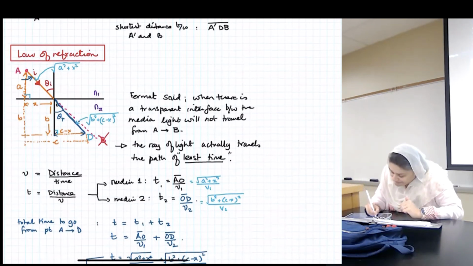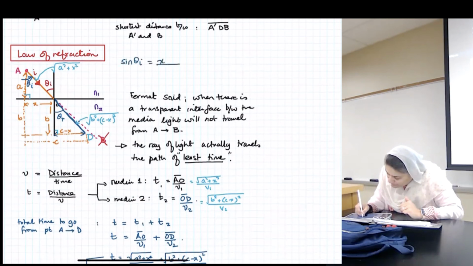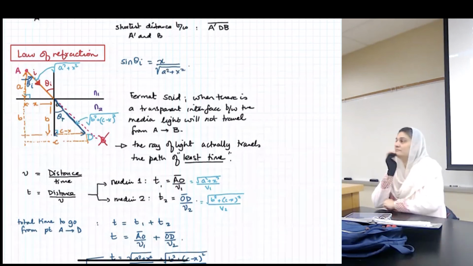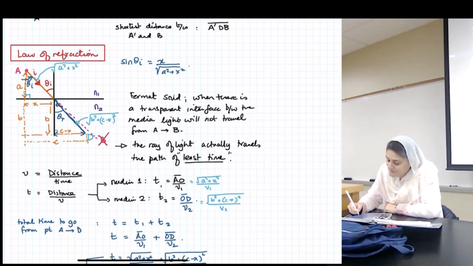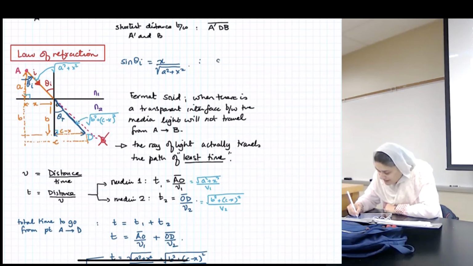That's also theta I, right? So can I write sine of theta I as x over square root of a squared plus x squared? Similarly, if this is theta transmission, can I write sine of theta t is the same as c minus x divided by square root of b squared plus c minus x squared?